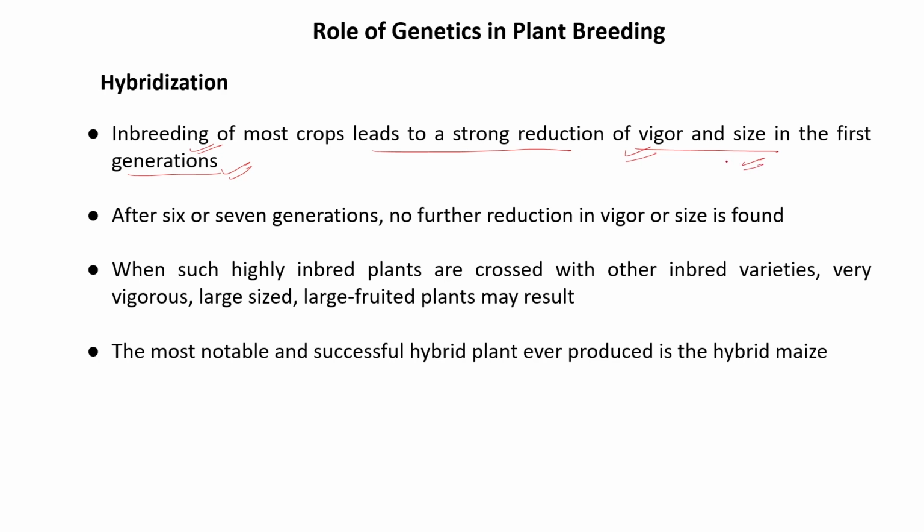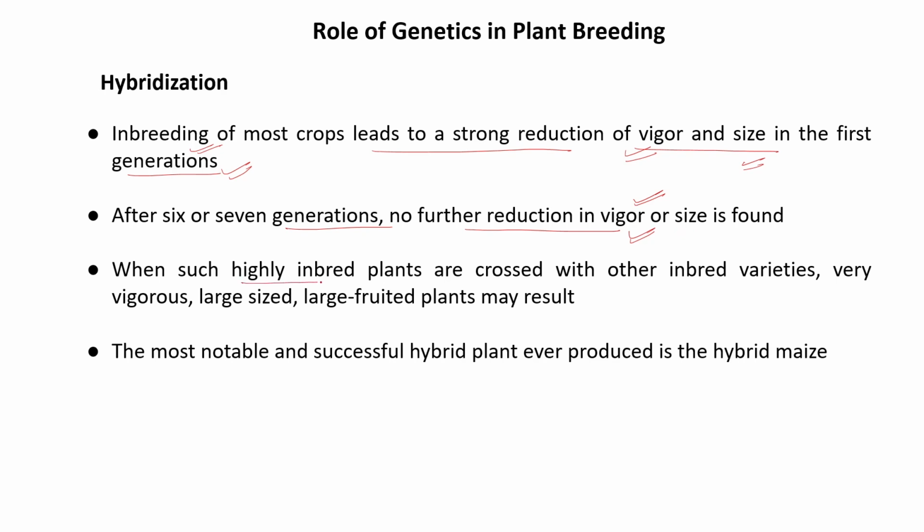After 6 or 7 generations, no further reduction in the vigor or size is found. So you have to do a number of inbreeding crosses to get the greater vigor and size of these seeds.